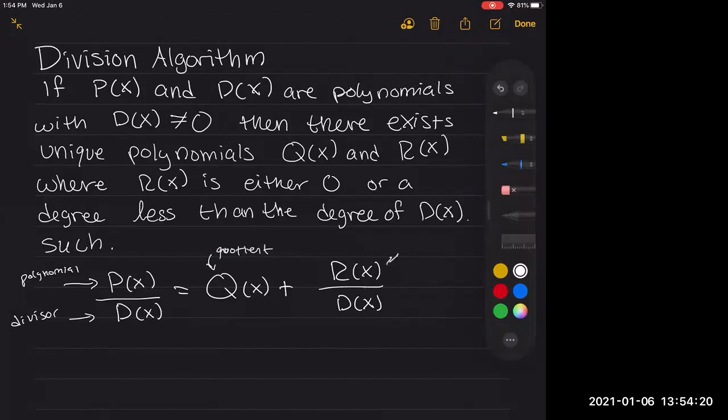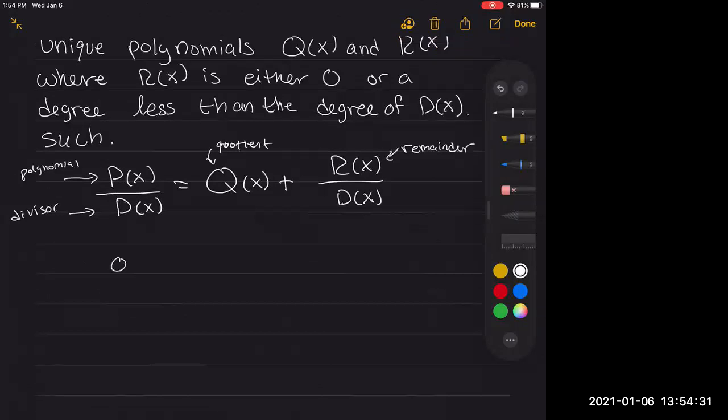And then our remainder polynomial, which is of degree less than D. All right, and we can also write this as P of x equals D of x times Q of x plus R of x. So this is both of the forms that we are able to use when using the division algorithm.